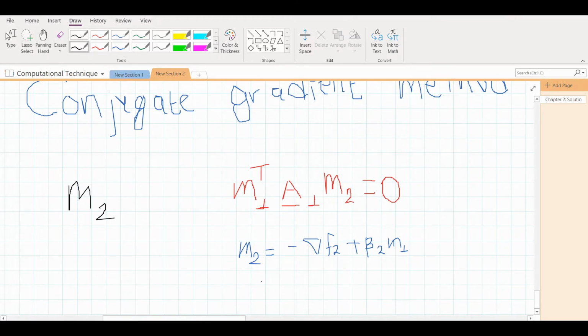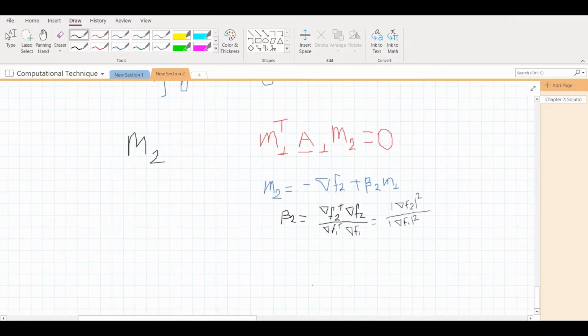We'll get beta 2 equals to this, similarly your beta i will be equal to this.